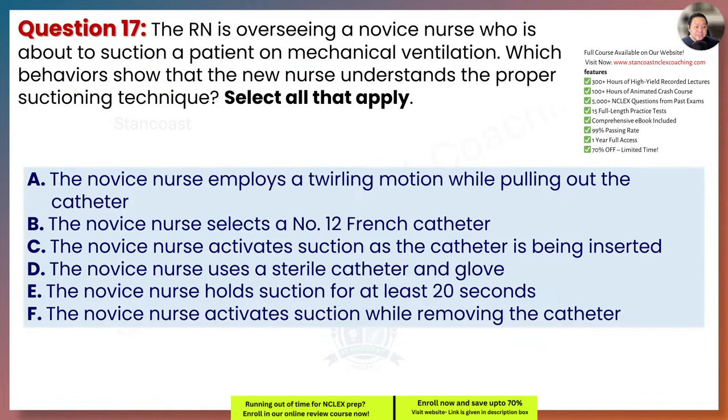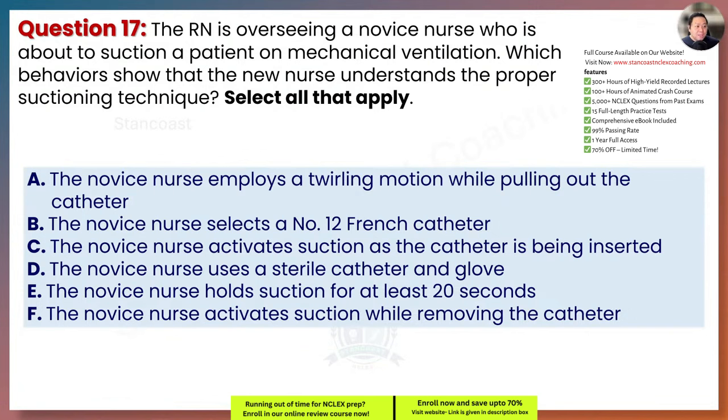C. The novice nurse activates suction as the catheter is being inserted. D. The novice nurse uses a sterile catheter and glove. And letter E. The novice nurse holds suction for at least 20 seconds. And F. The novice nurse activates suction while removing the catheter.